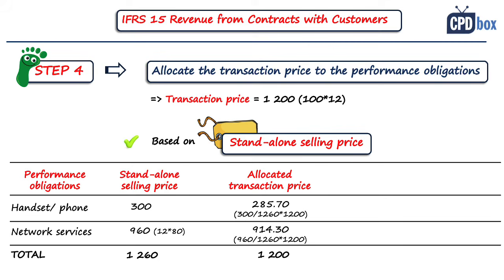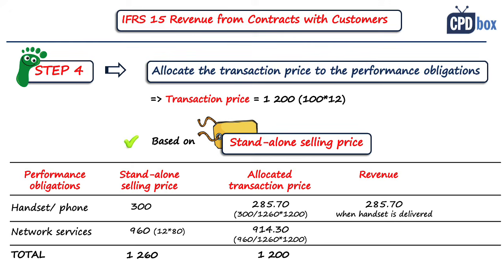And if you allocate it correctly, your total should come to the transaction price of 1,200 currency units. Now, when it comes to revenue, this comes from allocated transaction price. Revenue from handset is therefore 285.70 currency units, not zero, just because the contract says it's free for Johnny.